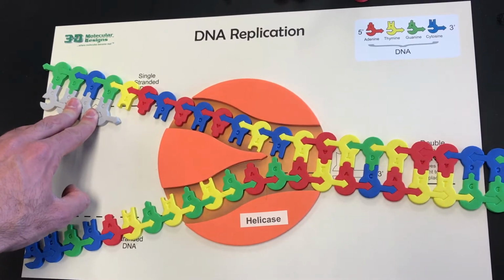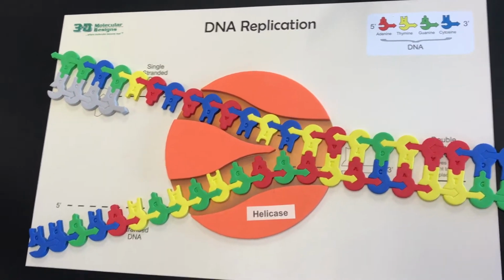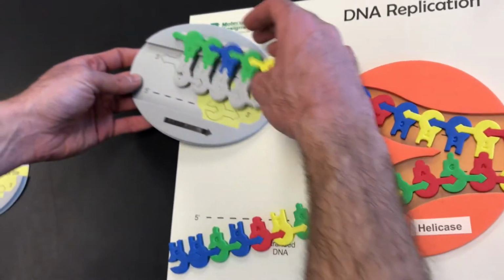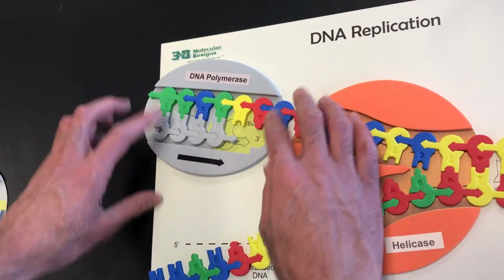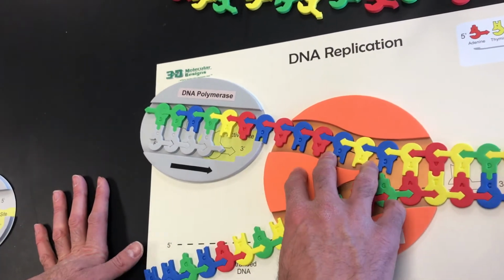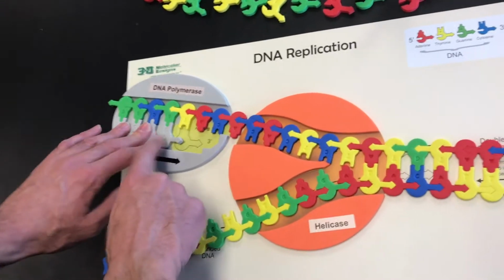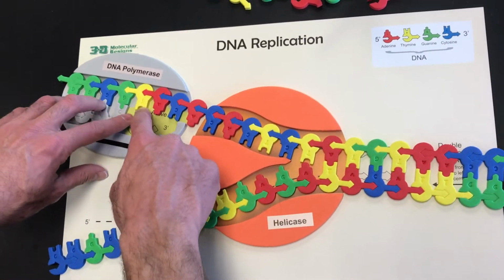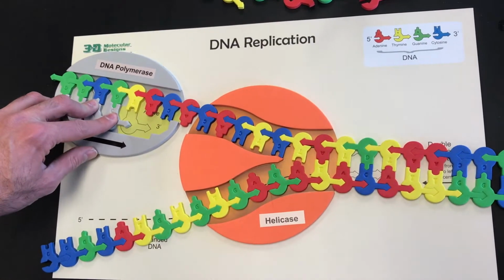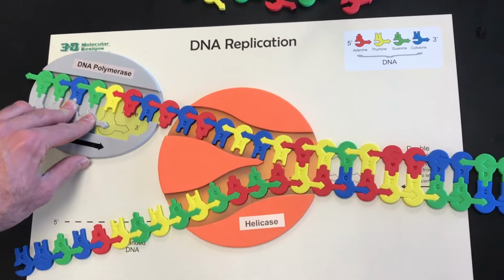The reason that is necessary is because this enzyme, DNA polymerase, is unable to initiate DNA replication. It can only elongate an existing piece. In other words, it needs a nucleotide to attach something to. It can't just start from scratch. Primase can start from scratch.